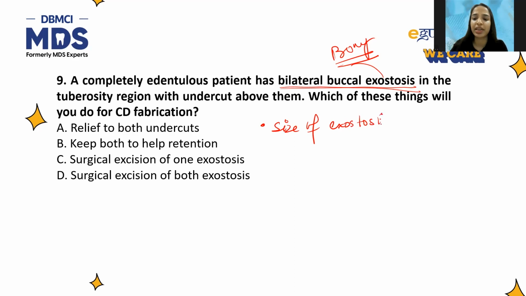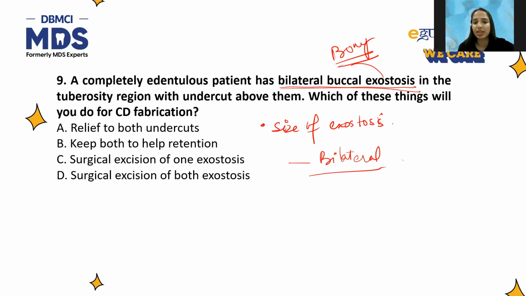If it is a very small exostosis, we can actually try to give some relief and make a denture. But since you have bilateral, that means on both of the sides, it completely depends what decision you want to take on the size of the exostosis, and secondly, the medical history of your patient to see whether surgery is possible.